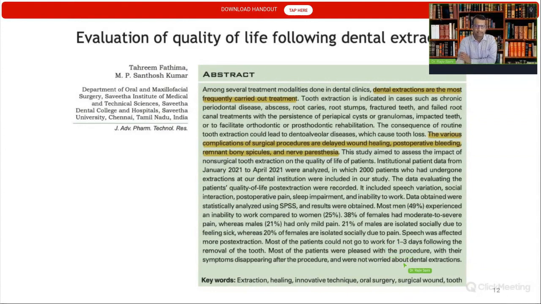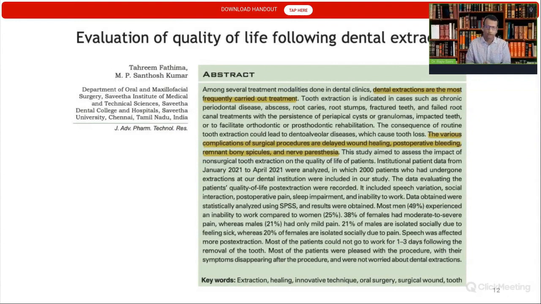This is a very interesting study recently published in 2021, and they mentioned that out of all the dental operatory procedures, dental extraction is the most frequently carried out treatment in any dental operatory. It's a global assessment of different clinical studies.